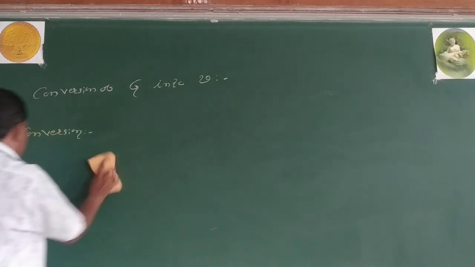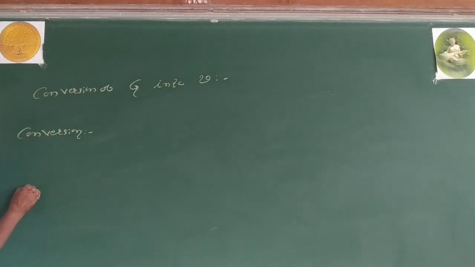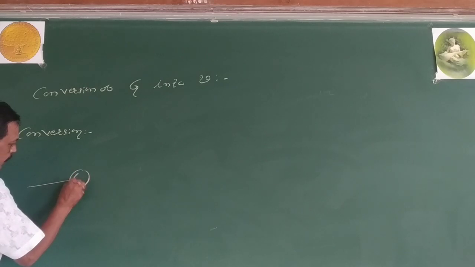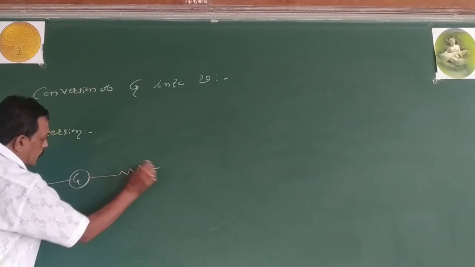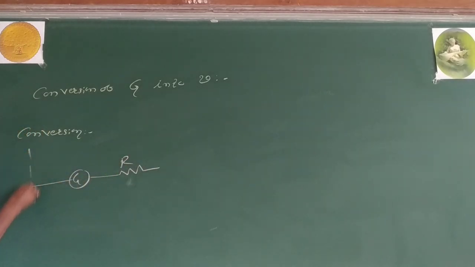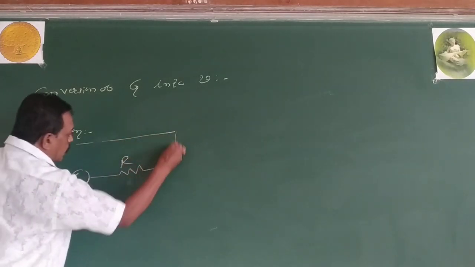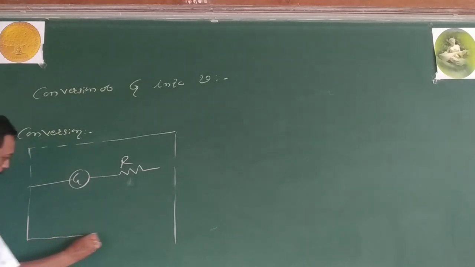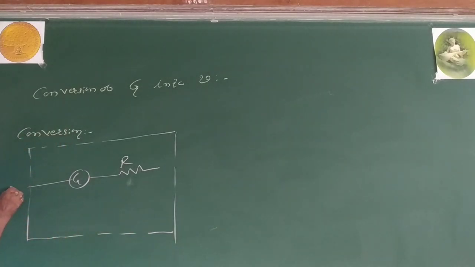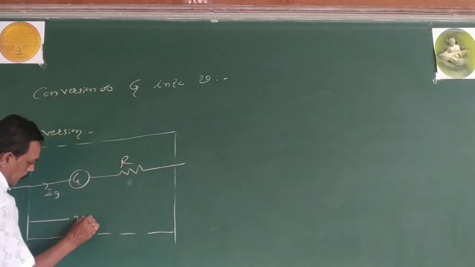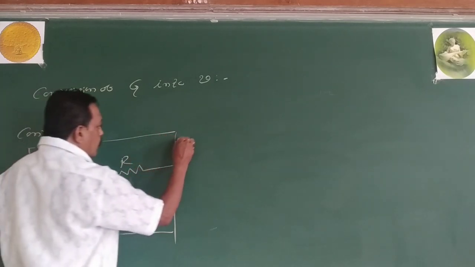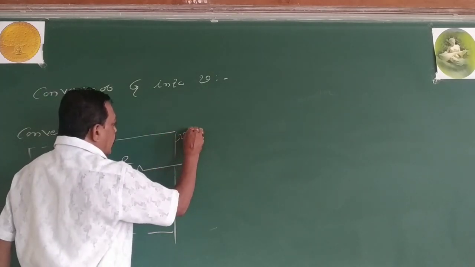How to convert it? A galvanometer of resistance G, by connecting a high resistance in series, the combination acts as a what? Voltmeter. Current through the device is Ig, V is the potential difference. Now this combination acts as a voltmeter.